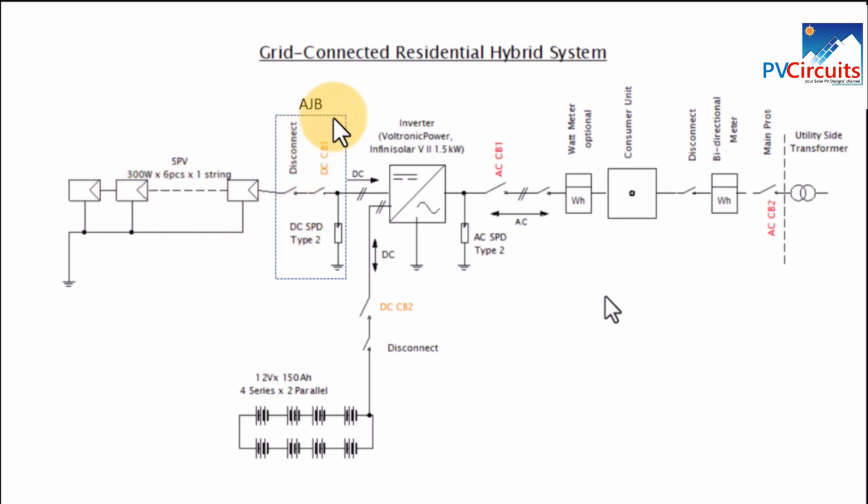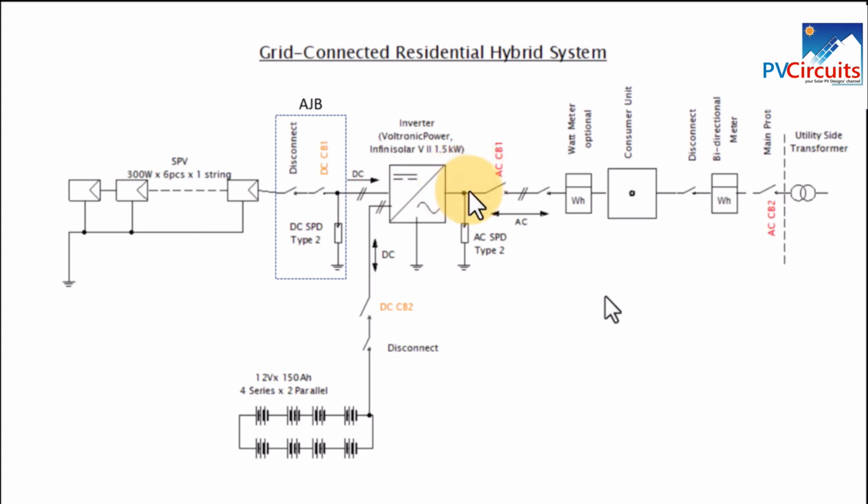Then we have our array junction box, and this is where we have the disconnect switch, the DC protection, then we also have the surge protection. Here we have the inverter which we have selected, then of course charging the batteries, and we have a protection here and a disconnect switch. Here also we have a disconnect switch.